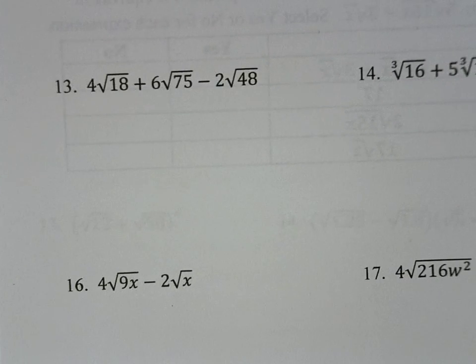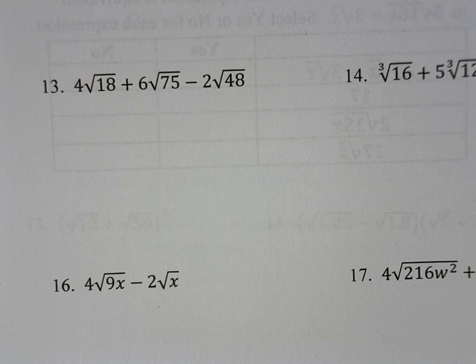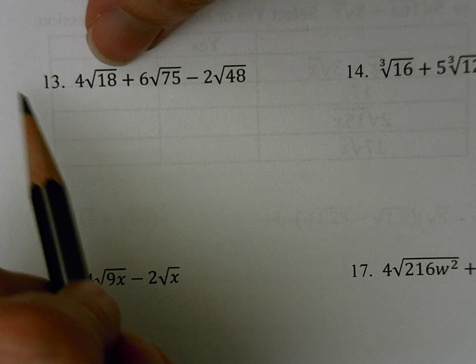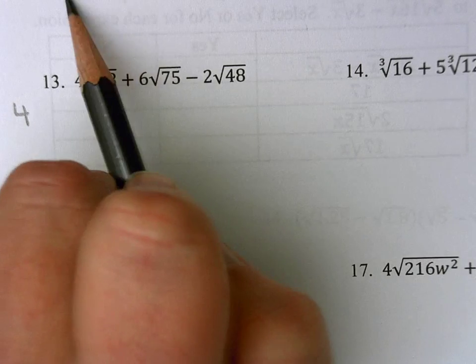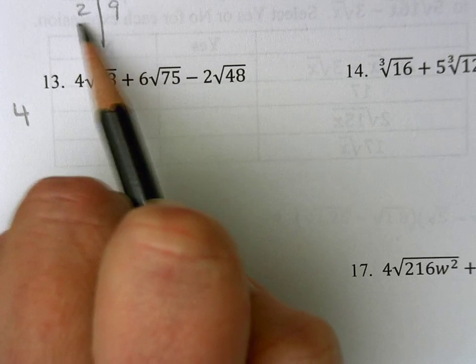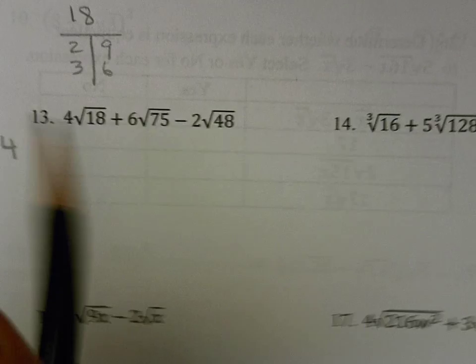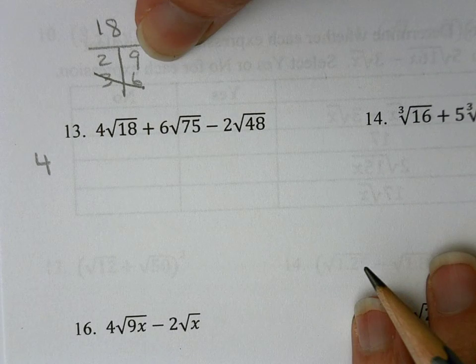And then let's take a look at number 13. So for 18, I could use 2 and 9 or 3 and 6. But I don't know the square root of 3 or 6, so I'm going to use 2 and 9.